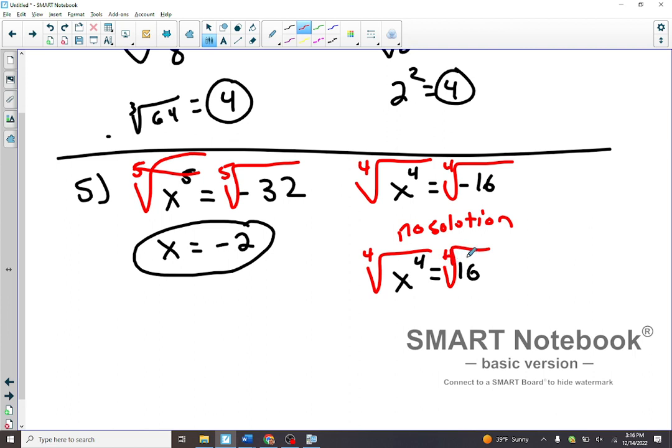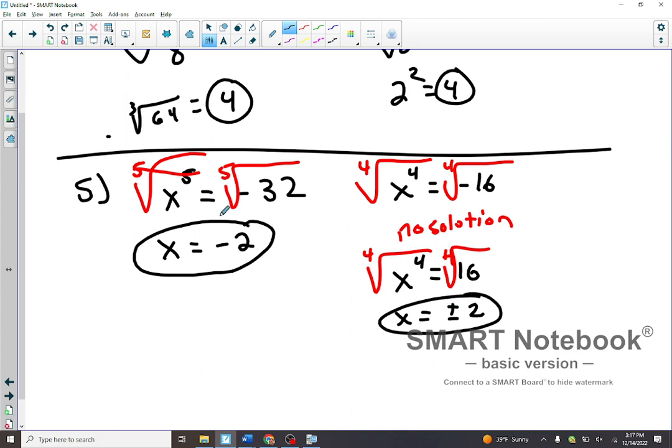Because it's an even power, it's plus or minus 2, because +2 times itself 4 times gives 16, and -2 times itself 4 times equals 16. The other case was negative inside an even root, which is impossible.